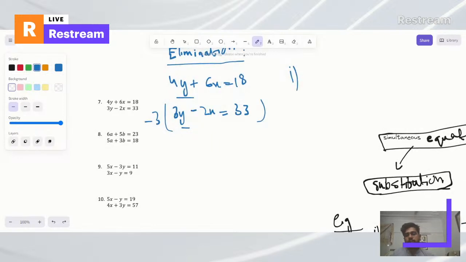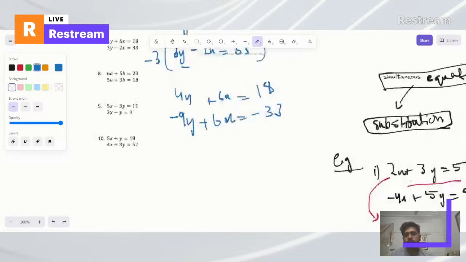Let's multiply the second equation with -3. So what's going to be the modified equation? It's going to be -9y plus 6x equals -33. And now on the top we have 4y plus 6x equals 80.